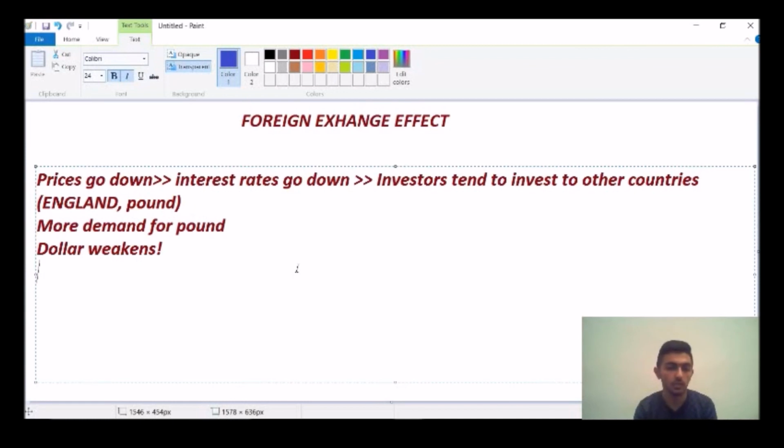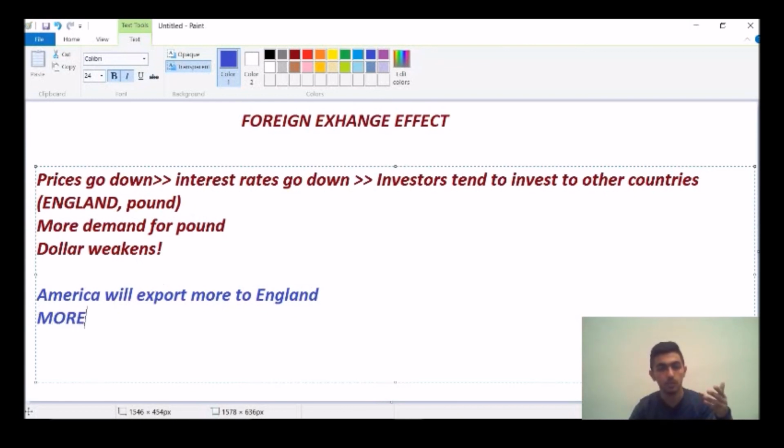Foreign consumers will say, wow, American cars just got cheaper when we view it in our currency. More and more of them are going to want to buy American things, so America will export more. Once again, if there is more demand for American goods and services, the GDP will expand.